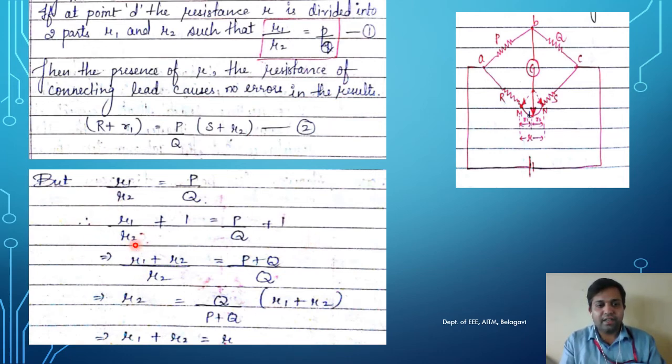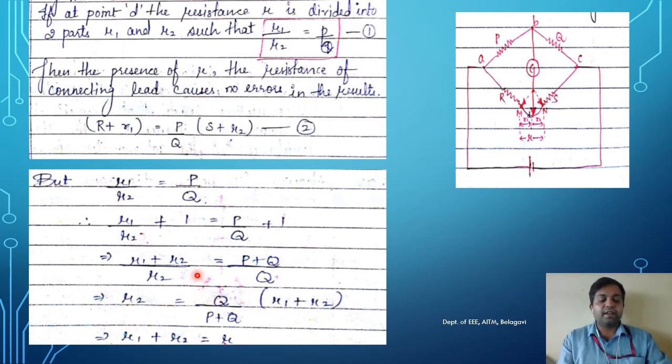Now take out the LCM r2. If I take out the LCM as r2 on the LHS, what are we going to get? r1 plus r2 divided by r2. Similarly here we are going to get P plus Q by Q. Now let us find out the value of this small r2. So small r2 will be equal to what?